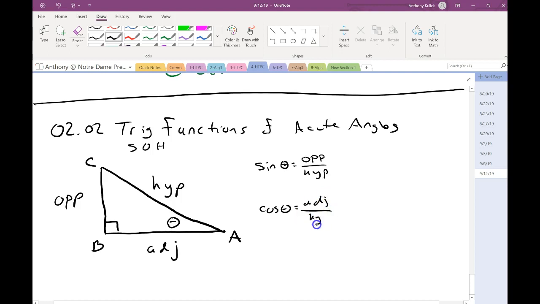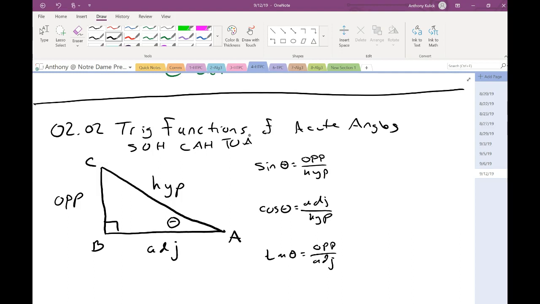Adjacent over hypotenuse. That's the CAH from SOHCAHTOA. And tangent theta is opposite over adjacent. That's the TOA of SOHCAHTOA. So I trust that these 3 trig functions you guys are quite familiar with.